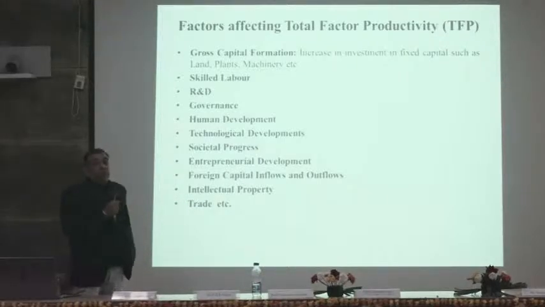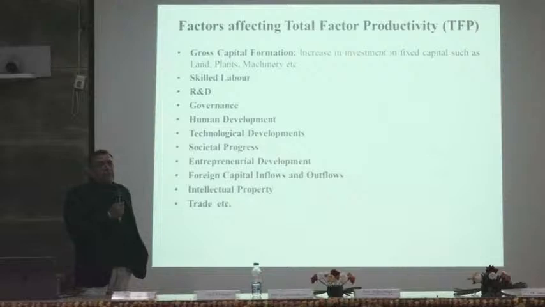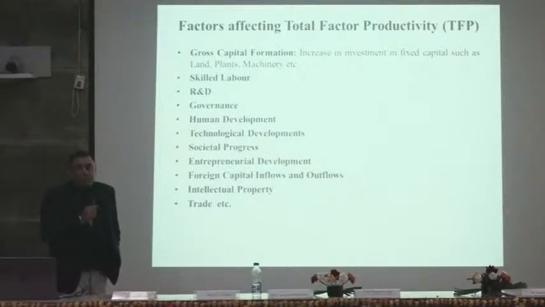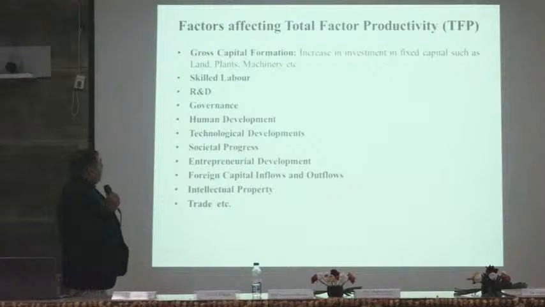Then human development: in the latest Human Development Report we stand at 134th position out of 179 or 180 countries, so we need to focus on that also. Technological development is also a much more important factor nowadays.